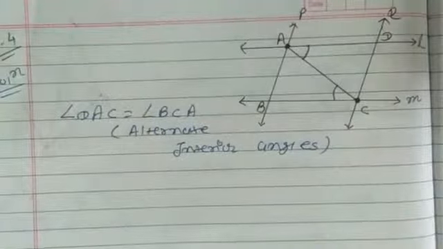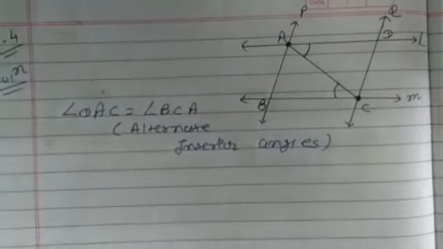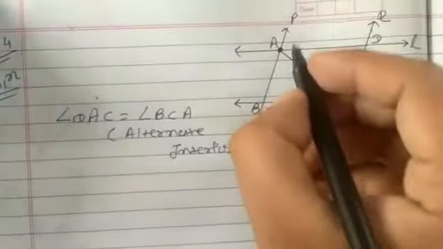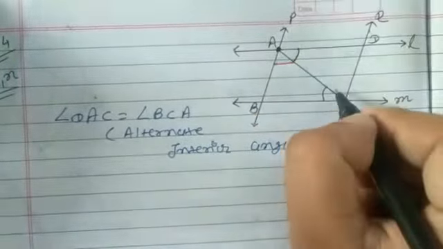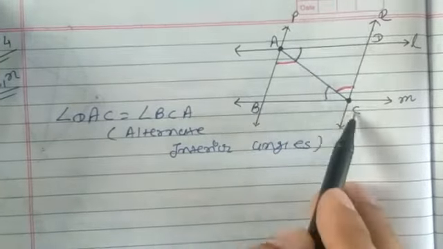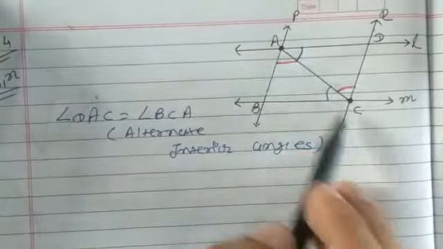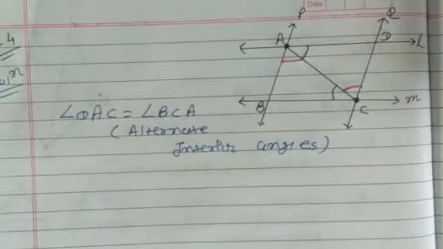Now similarly, one more pair is here, this one and this one. Look here, BAC and ACD are also alternate interior angles. Am I right?